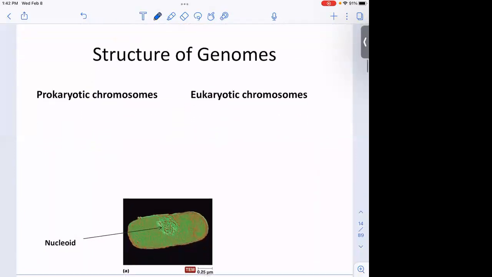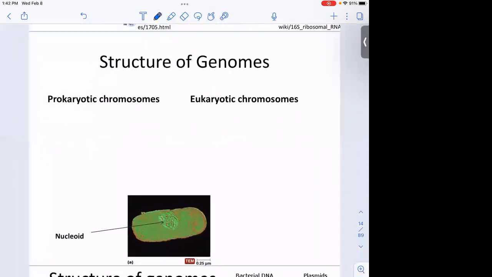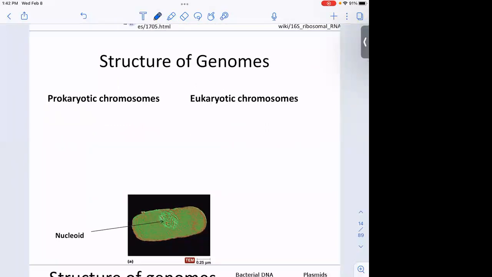Okay, we've talked a little bit about structure of genomes already. So a little bit of review here, and we're going to compare some differences between prokaryotic chromosomes and eukaryotic chromosomes. Remember, prokaryotes are the archaea and the bacteria.